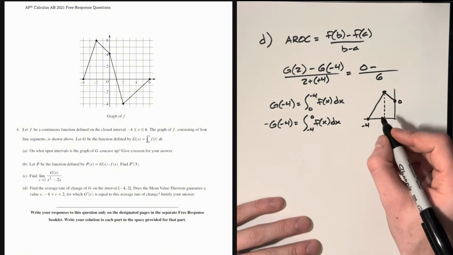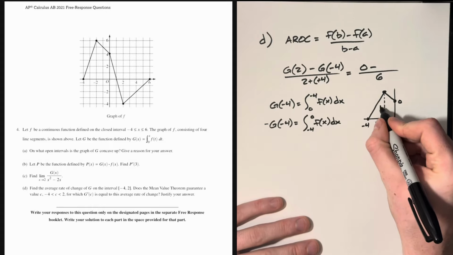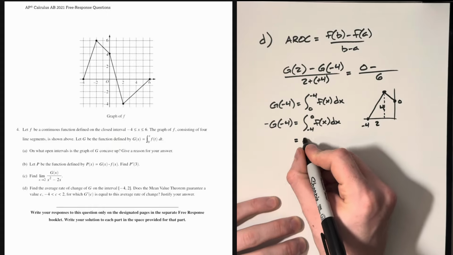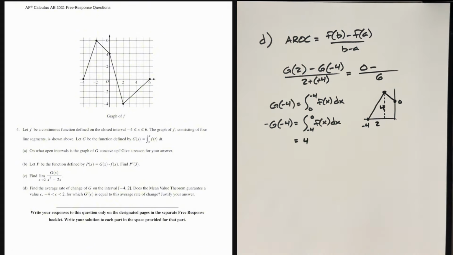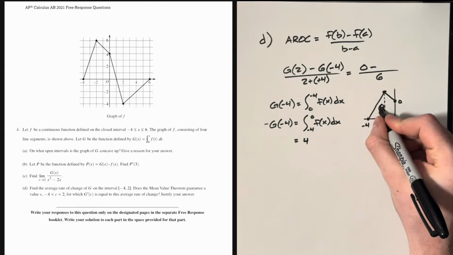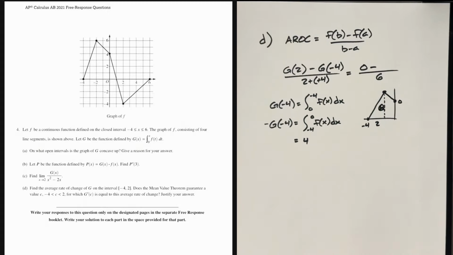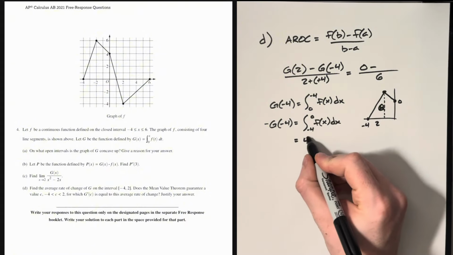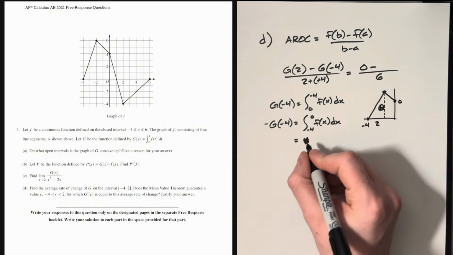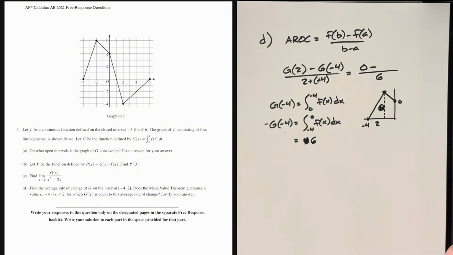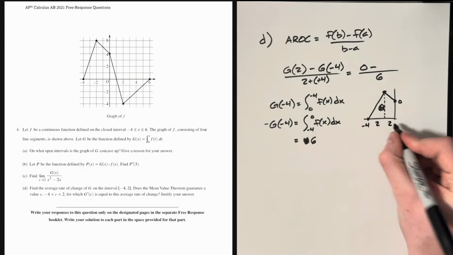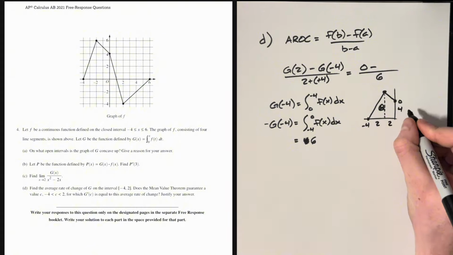This first triangle has a base of 2, a height of 4, so its area is equal to 4, which is 4 times 2 divided by 2. Oh, I'm so sorry. A height of 6, not from 0 to 4, we're going up to 6. So it'd be 2 times 6 divided by 2, which is 6. Now this trapezoid, it has a height of 2 and bases of 4 and 6.